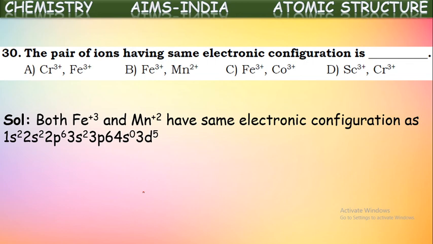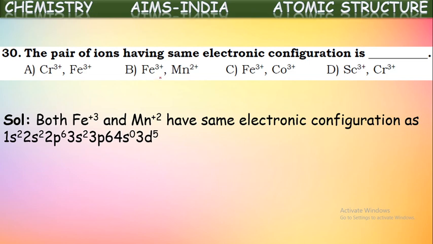So for metallic ions, to avoid confusion, first write the electronic configuration of the complete metal atom in the ground state. Then, as per the charge mentioned in the ion, remove that many electrons from the outermost energy levels.